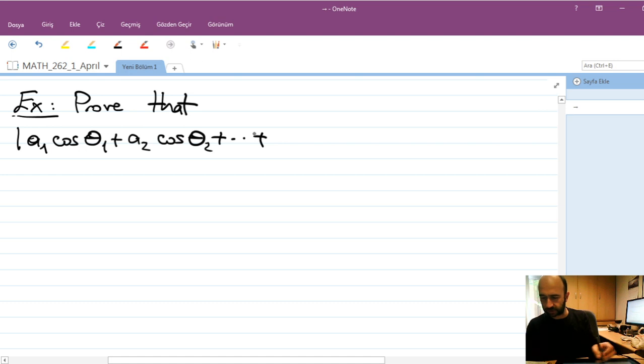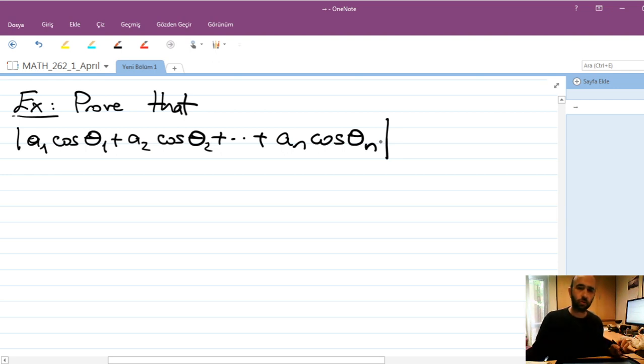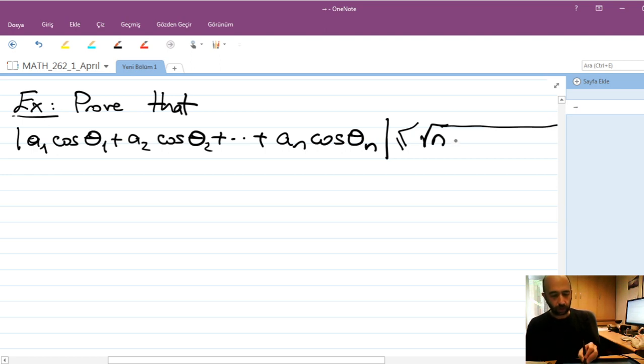You have a sum inside an absolute value: a1 times cosine theta 1 plus a2 times cosine theta 2, and this goes up to an times cosine theta n. Show that this is less than or equal to the square root, and this is a longer square root, of n times the sum of squares of the ai's.